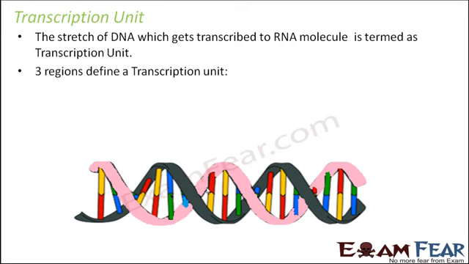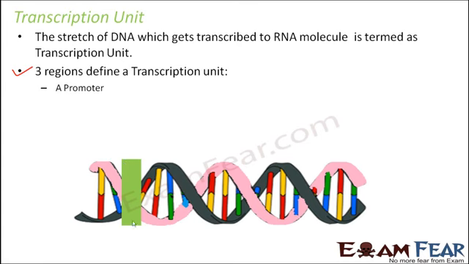Now there are three important regions which define a transcription unit. So let us see what they are. Promoter. Let us suppose this is the DNA, and we are showing you the portion which is called the transcription unit. This is the promoter.